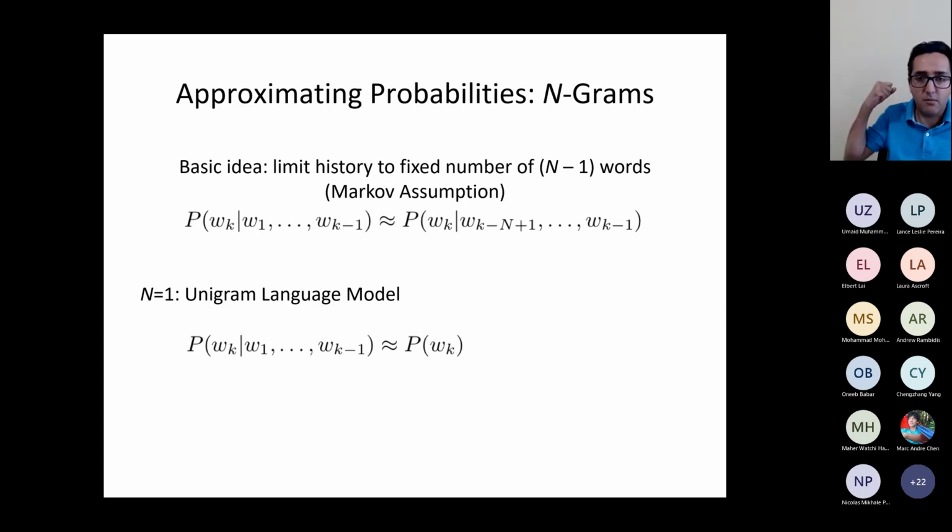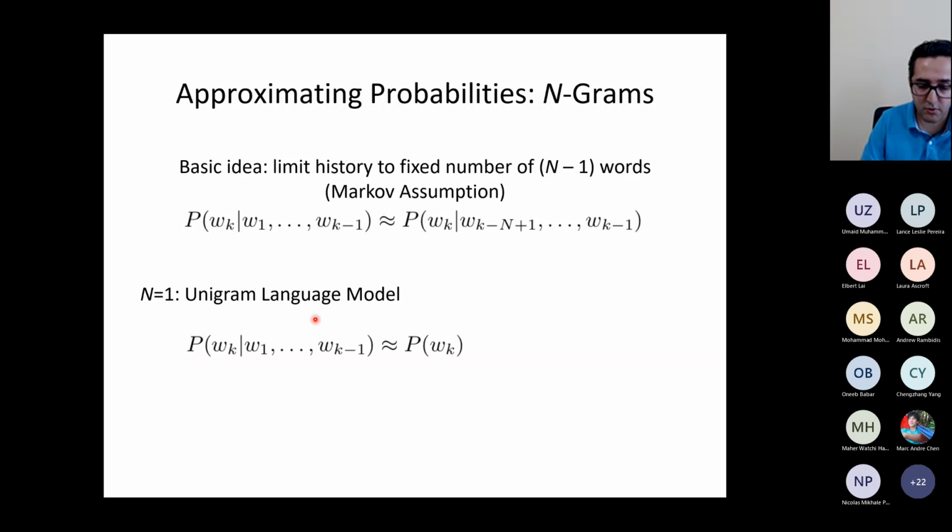If I pick one randomly, and you want to bet what color it is, you would say green because it's the most common color in that bag. It's the same thing here. So probably "the" will be the best answer because it is the most common word in English, and "is" is also one of the common ones. So that's the idea behind this model.